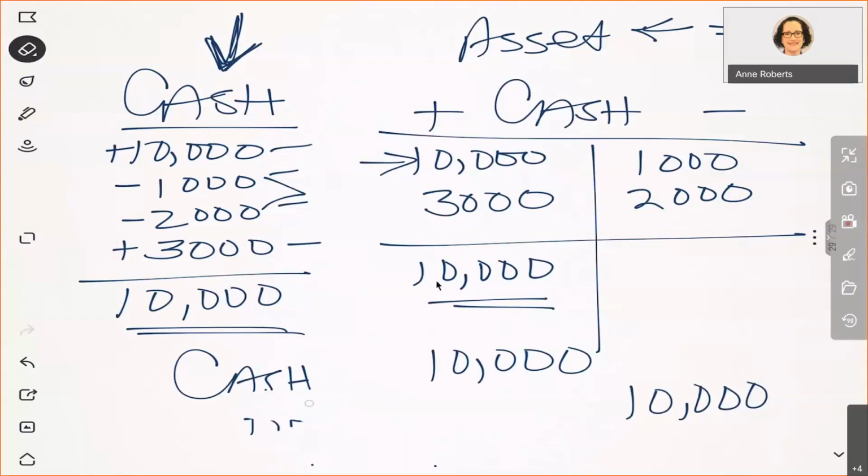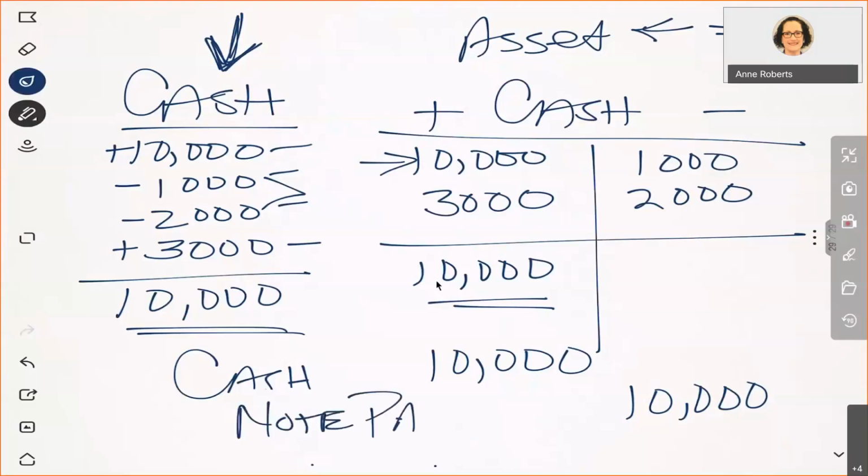If we collected cash, maybe we sold a building, so the credit would go to building, reducing the building account. Maybe we got that cash by borrowing money from the bank, so it's a notes payable. You getting the idea here?